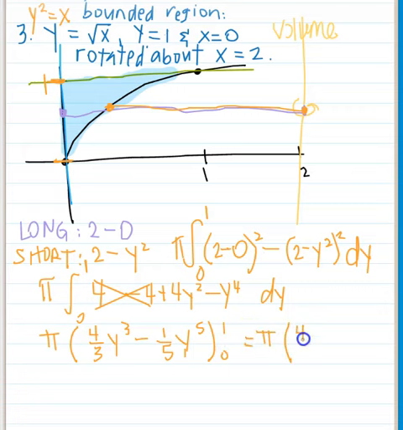Pi times 4/3 minus 1/5. And then minus 0, I love zeros, they're wonderful to plug in. 20 minus 3 is 17 over 15 pi. So there's your exact answer.